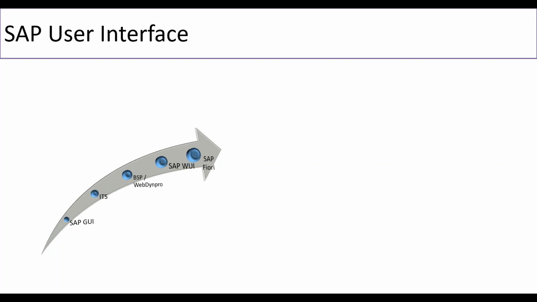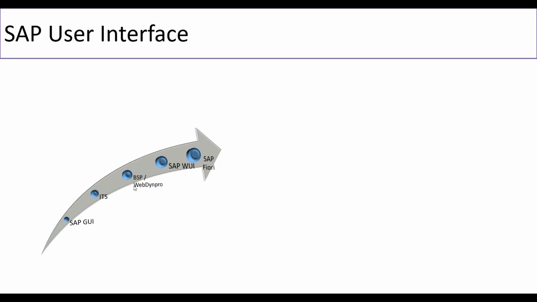But by the 1990s, browser technology had evolved, and the generation had moved to the next level because of the browser. So SAP ultimately had to get compatible with the browser. So they started with ITS, Internet Transaction Services, where a few transactions we can access via the browser.